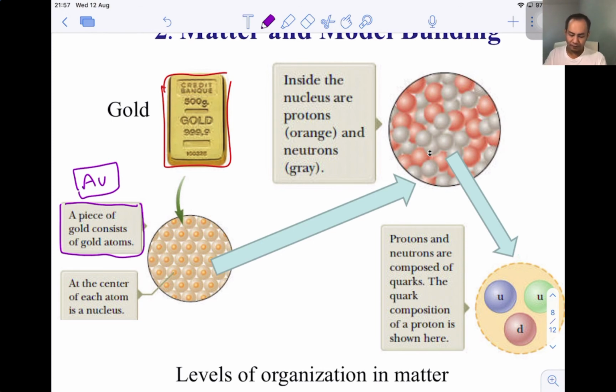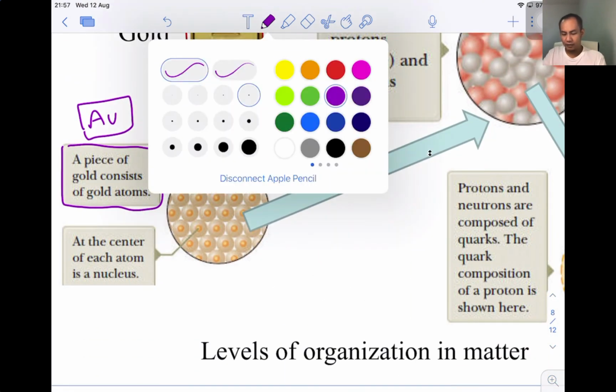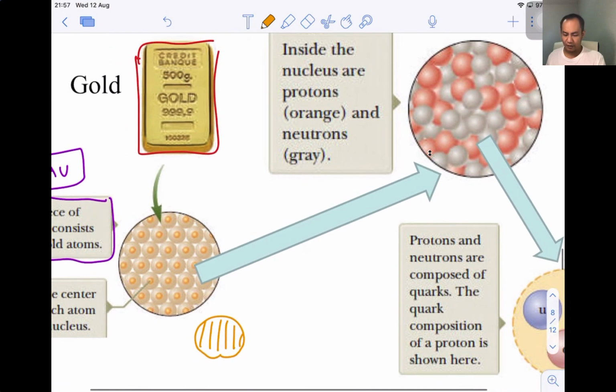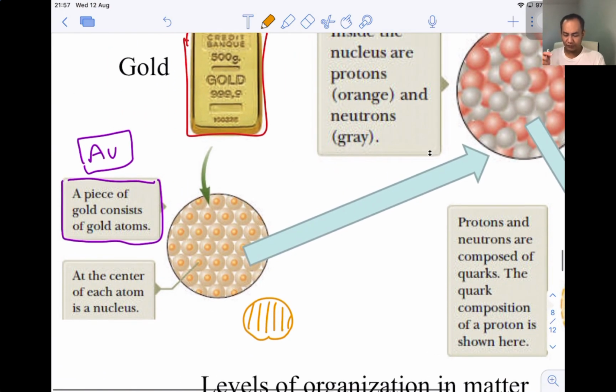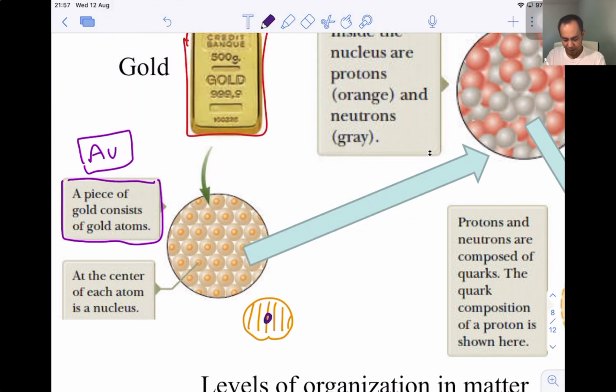This is a gold atom, and if you look inside it, it is composed of a nucleus. You might think there are electrons around it, right?